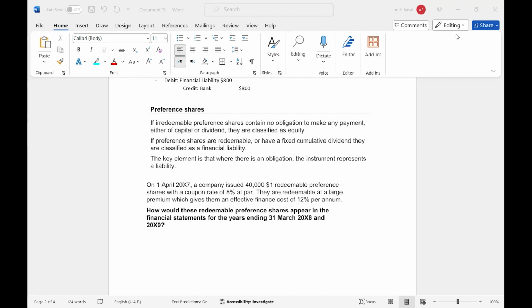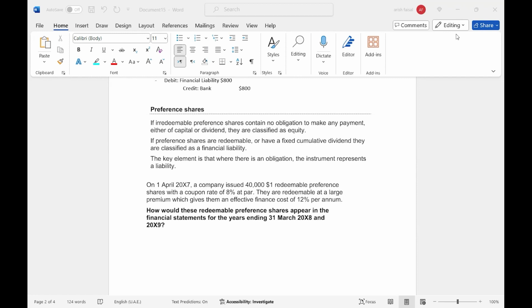So you need to understand the substance of different types of preference shares. How are irredeemable preference shares, which have no right to a fixed dividend every year, different from ordinary shares? If the directors decide to give a dividend, first priority goes to the preference shares, and later, if cash is left, to ordinary shareholders.